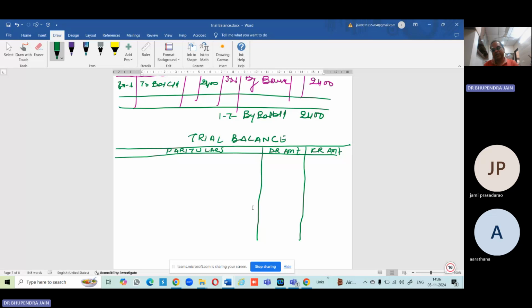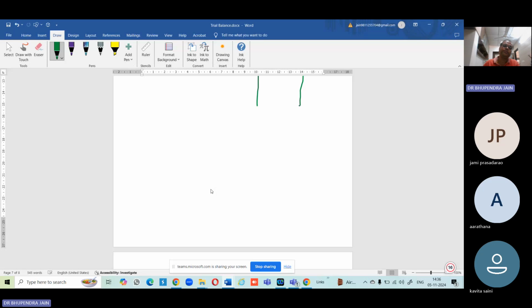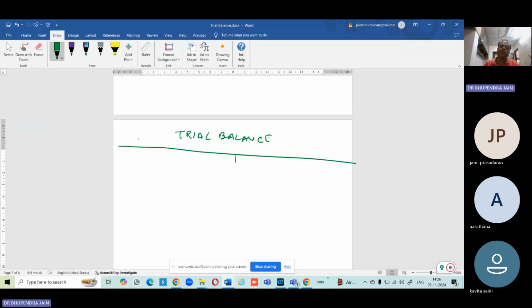Debit balances are transferred to the debit side and credit balances to the credit side. Another method we can also use is the account method. The account is divided into two parts: number one, the debit side, and number two, the credit side. So write down debit balances in the debit side and credit balances in the credit side.